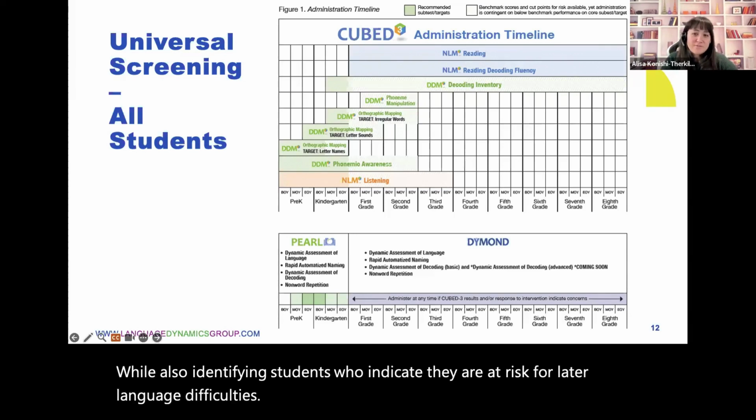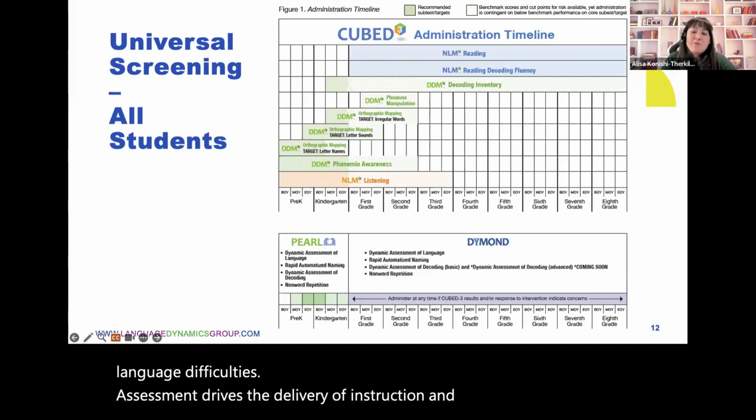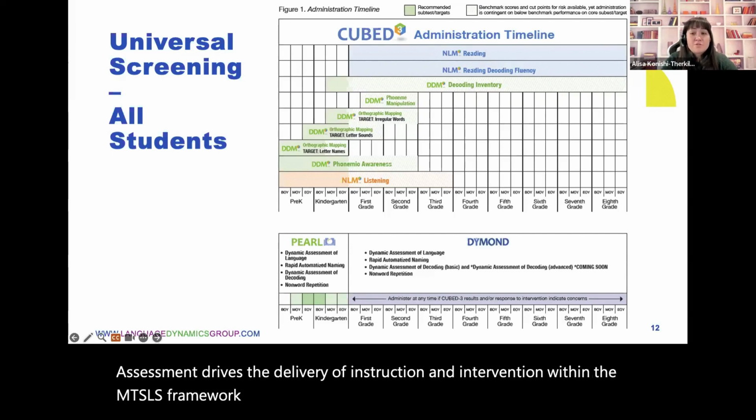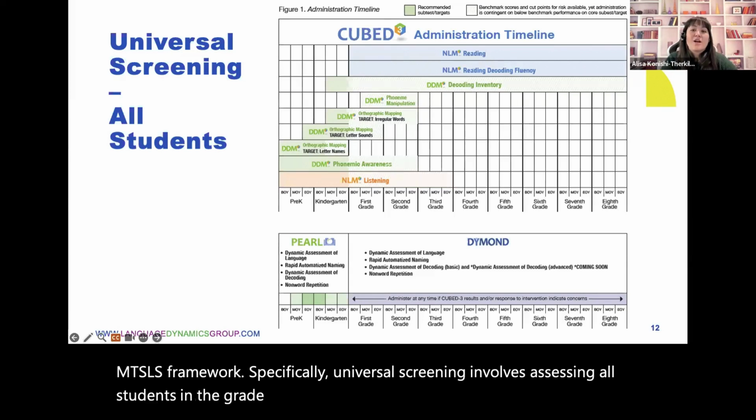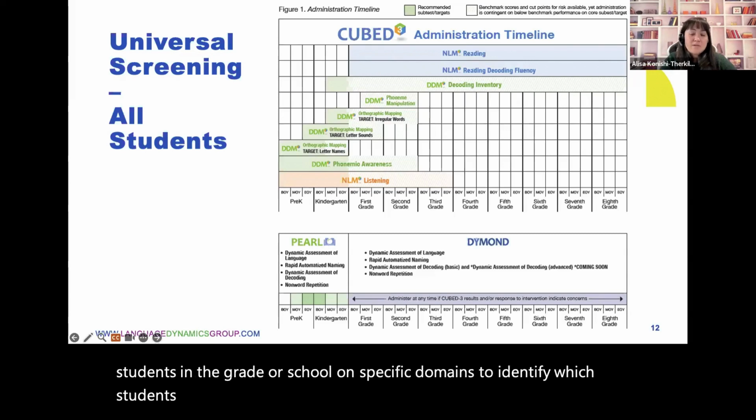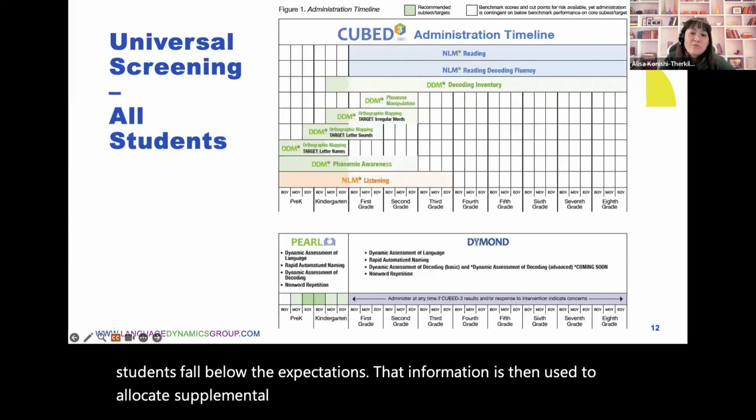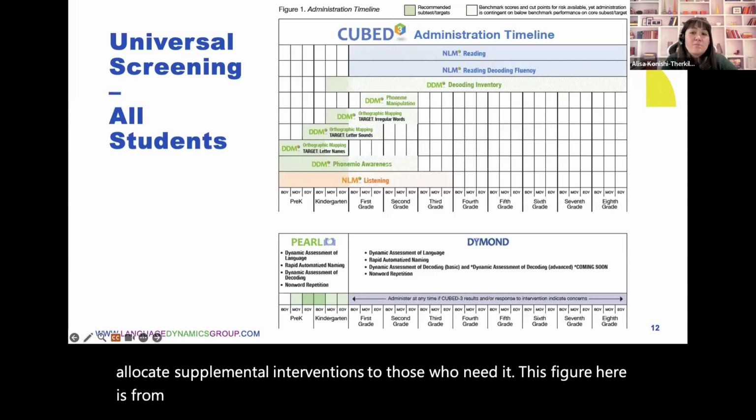Assessment drives the delivery of instruction and intervention within the MTSLS framework. Specifically, universal screening involves assessing all students in the grade or school on specific domains to identify which students fall below the expectations. That information is then used to allocate supplemental interventions to those who need it. This figure here is from the Cubed 3 manual, which you can find online at languagedynamicsgroup.com.